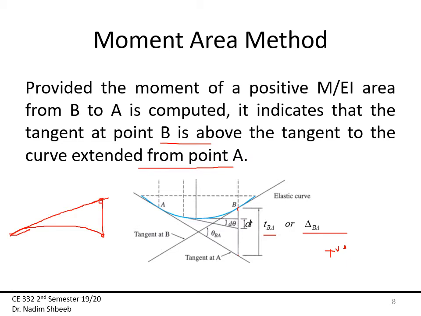Let's say I got completely out of whack and said this is how the elastic curve is going to look. Then if I calculated delta BA and found it to be positive, then I know my drawing is not correct, because now B is under A, and for it to be positive, B has to be on top of A. So that's one way of knowing if my elastic curve is correct or not.